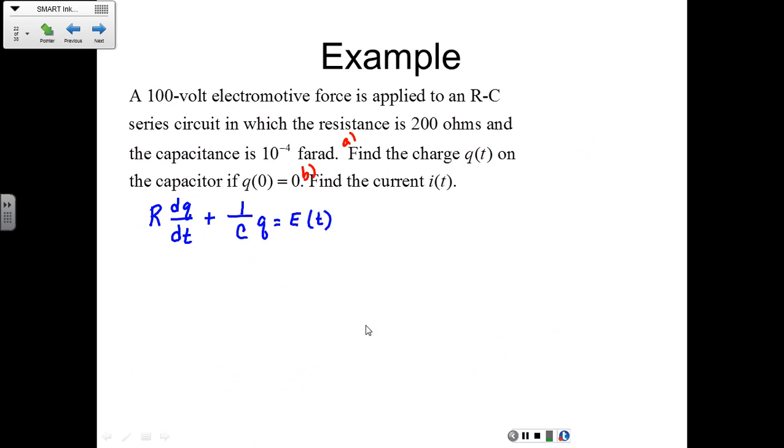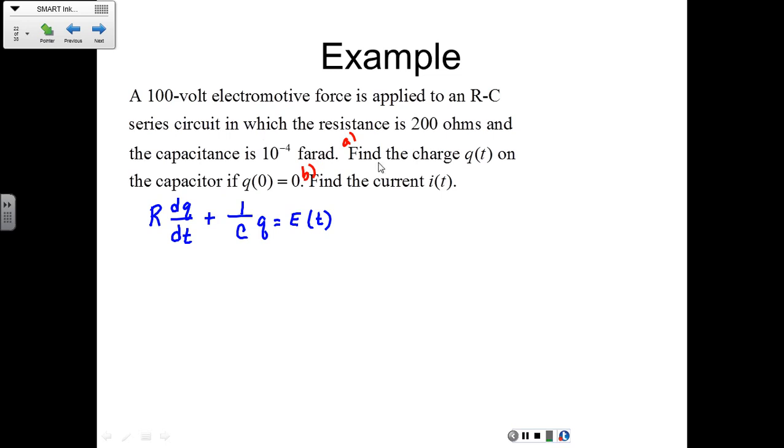That's our model that we're going by here. Okay, so the 100-volt electromotive force, that goes where? What's the electromotive force? Which one of those things are you going to plug in with the 100? E of t will be 100. Yeah, that's your electromotive force.